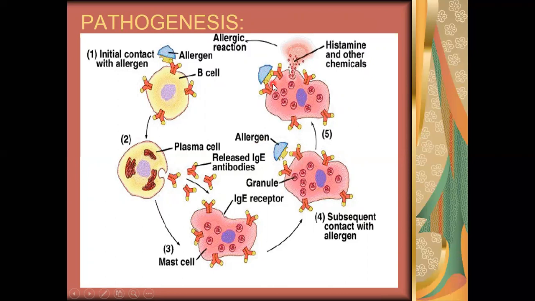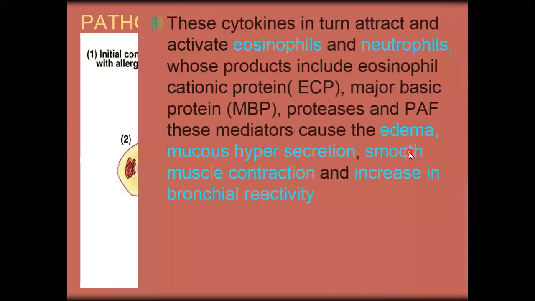This antigen antibody interaction causes mast cell degranulation at that site. This degranulation causes the release of all the pro-inflammatory and inflammatory mediators at the site and activates the inflammatory response at that place.